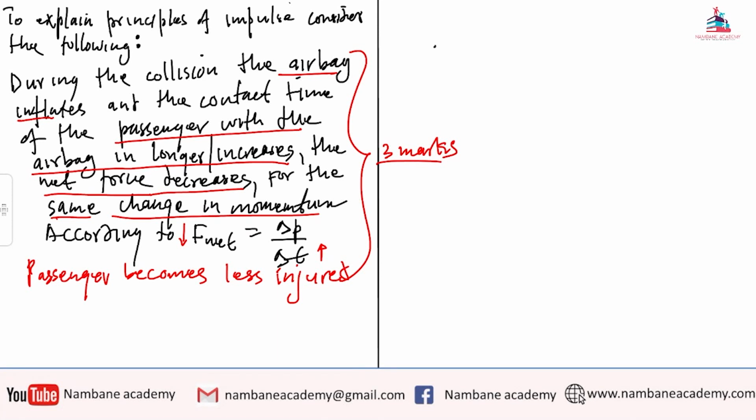So if your car does not have an airbag, you become more injured. At the very same time, if you put on the seat belt, during the collision the seat belt will push the passenger back, creating a longer time between the passenger and the seat belt. The net force decreases for the same change in momentum according to the equation F net is equal to change in P over change in T, and the passenger will become less injured.